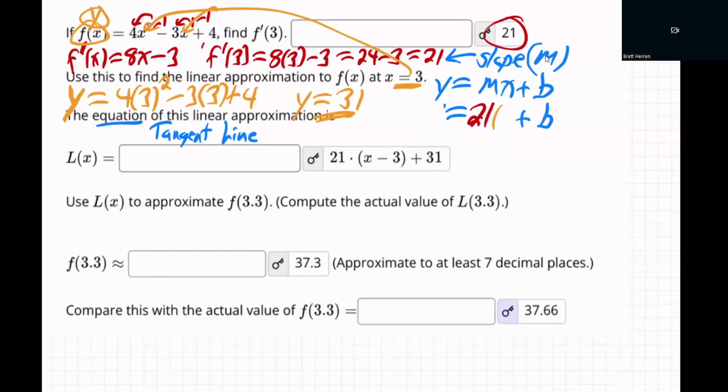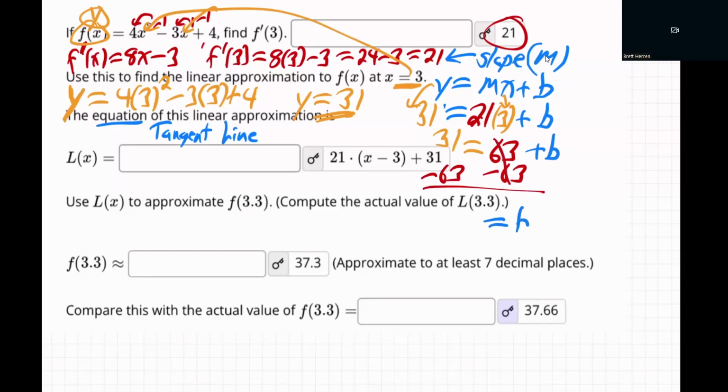The x is 3, the y is 31, and we can solve for b. 31 equals, this will be 63 plus b. Subtract this 63 from both sides. Boom. So we've got b equals minus 32.